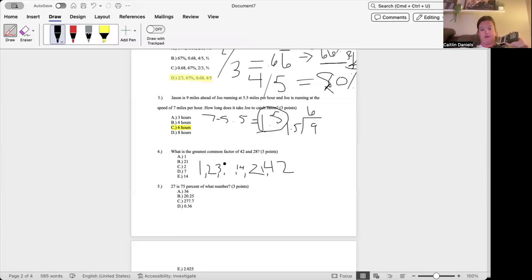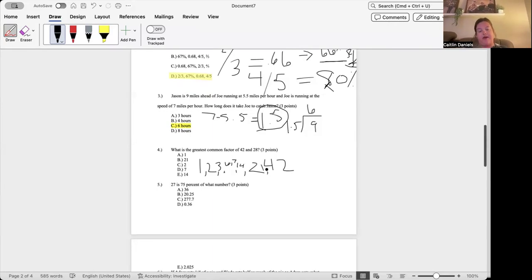So that is 6 and 7. So right here, we have our middle numbers that meet up, and there's nothing else that 42 could divide by. So those are the factors of 42, because we're finding the greatest common factor.